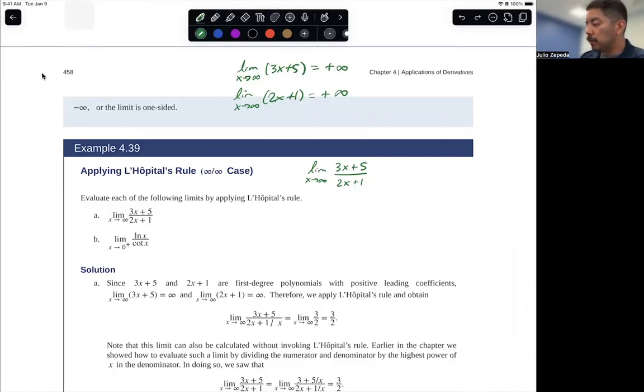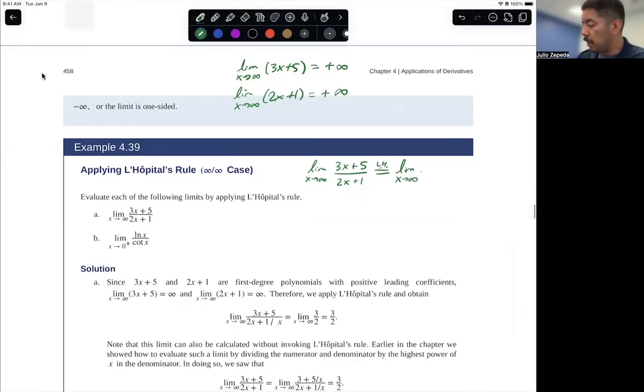Well, L'Hopital's rule, I'll abbreviate just LH, says that this limit is equal to the limit as x approaches infinity of the derivative of the top over the derivative of the bottom. The derivative of the top is 3. The derivative of the bottom is 2. So 3 over 2, and this does not depend on x. That's just a constant. So the answer is 3 over 2. Wow, that's pretty cool.